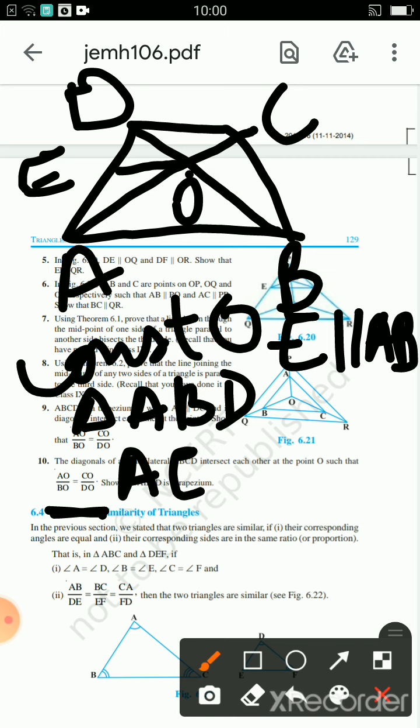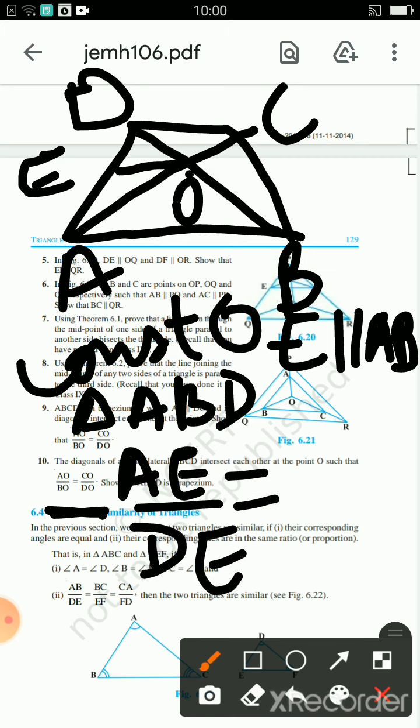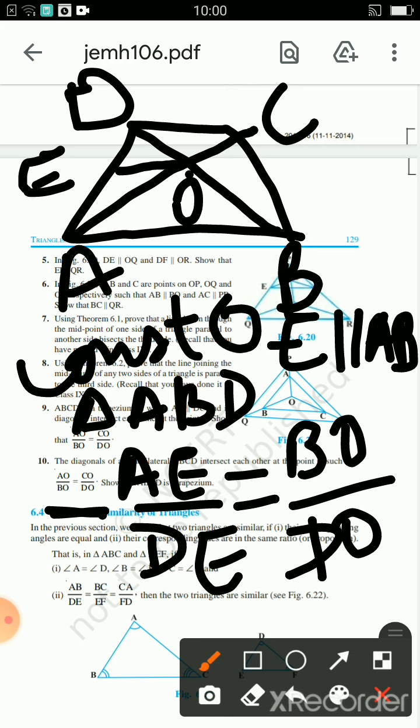AE upon DE is equal to BO upon DO. You were given that AO upon BO is equal to CO upon DO.